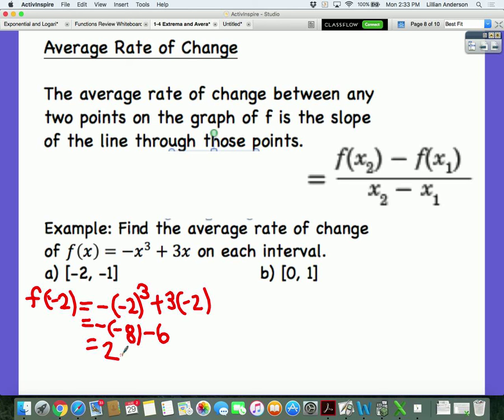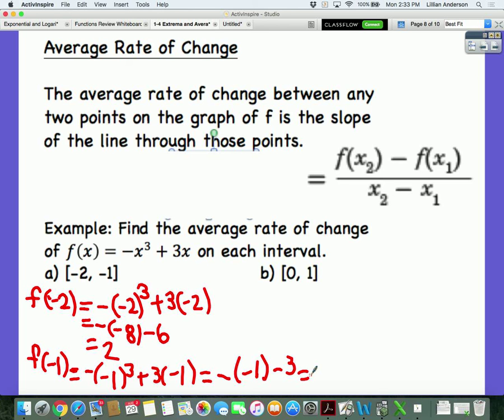Okay? I'm going to do the same thing with -1 and plug that in. What's -1 cubed? So I have a negative -1. 3 times -1? 2 negatives make a positive.